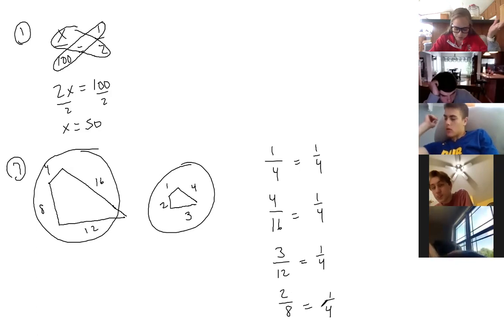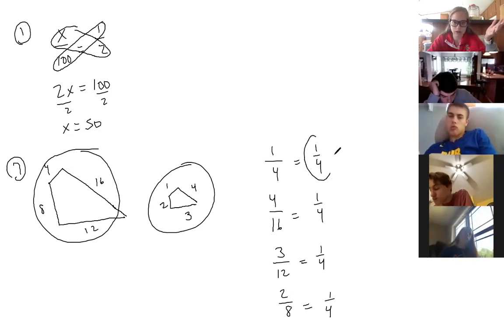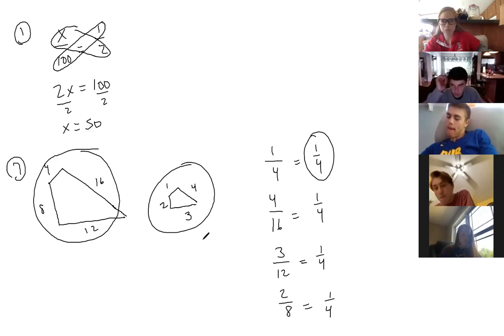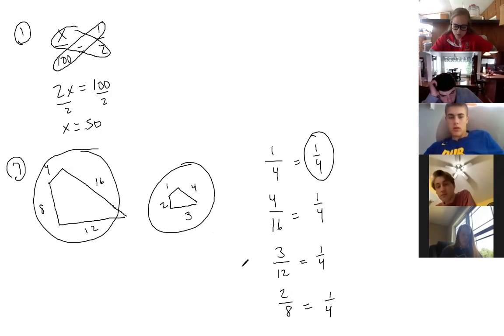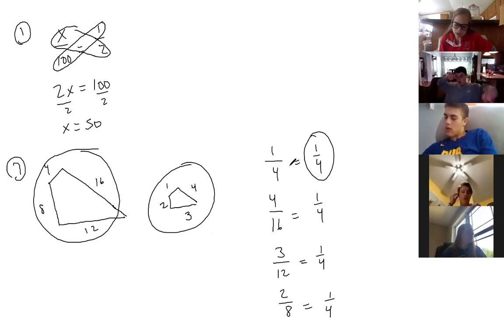So what is my common ratio here? What's the ratio of the smaller quadrilateral to the larger one? It is 1/4. Wait, so why do we have to do the smaller one first? The directions say find the ratio of the lengths in the right figure to those in the left figure.